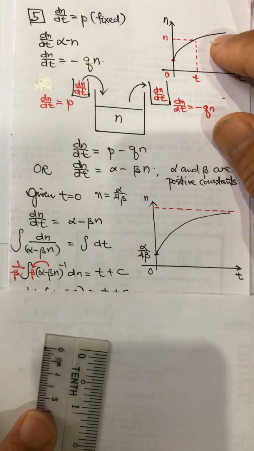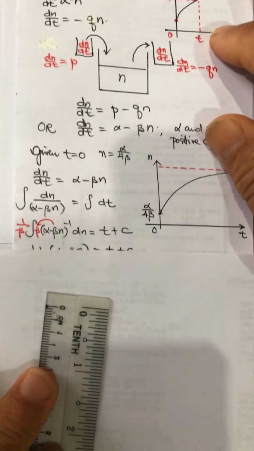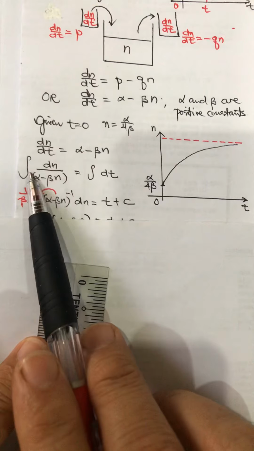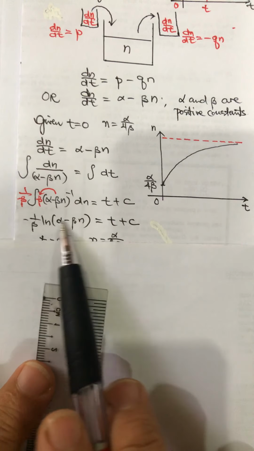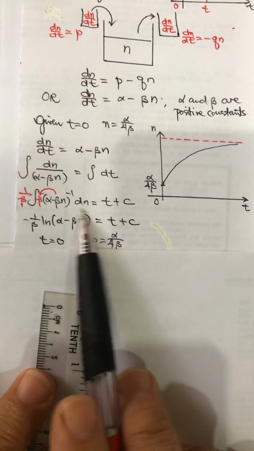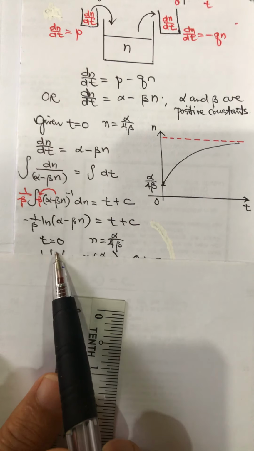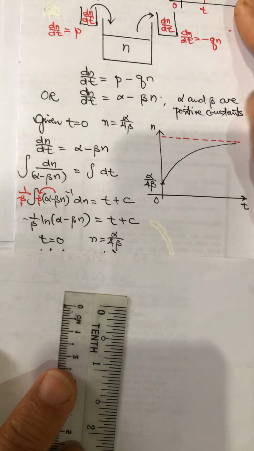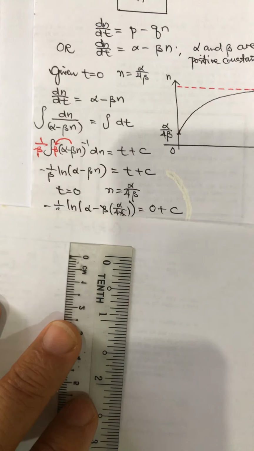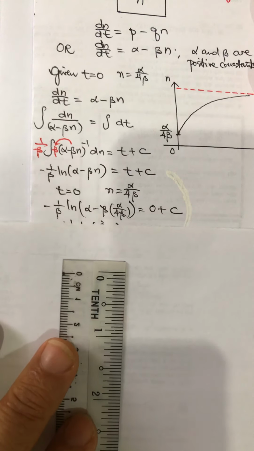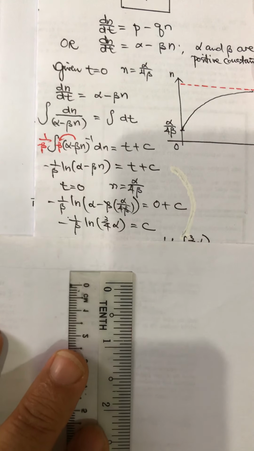Okay, so we are going to solve. How to solve? Again, we can use separable variable. We separate this one, then we integrate. You can just go and see how I do it, you should be able to understand. And then when we substitute t equal to 0, n equal to alpha over 4 beta, we want to find the c. We substitute inside, we get this is our c.